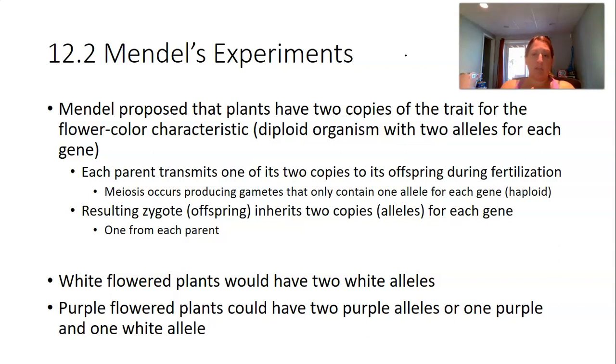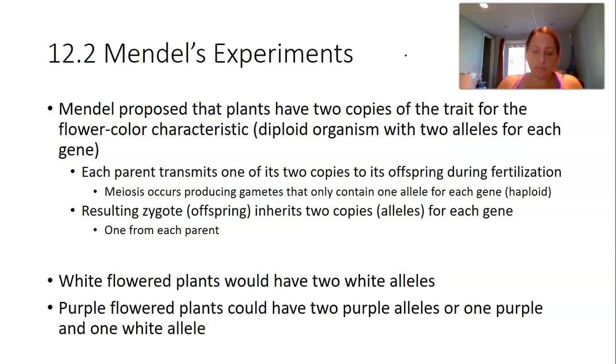Remember from last chapter, we know that gametes, egg and sperm cells, are haploid. They only contain 1 allele for each gene. The resulting zygote or offspring gets 2 copies, 1 allele from mom and 1 allele from dad.